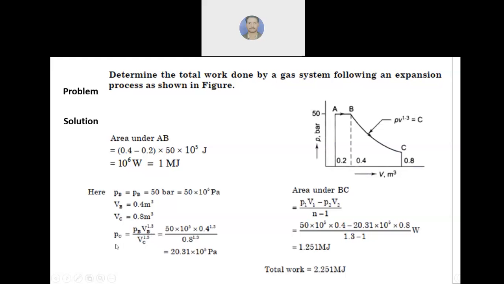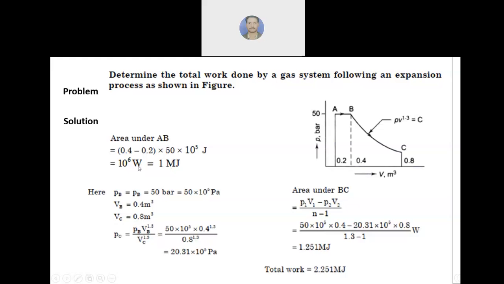From here we get the value of PC, which comes to this much Pascal. Now, work done, I already told you the formula. Put in the pressure and volume at point B, the pressure and volume at point C, and n as 1.3. You will get this much work done for process BC.